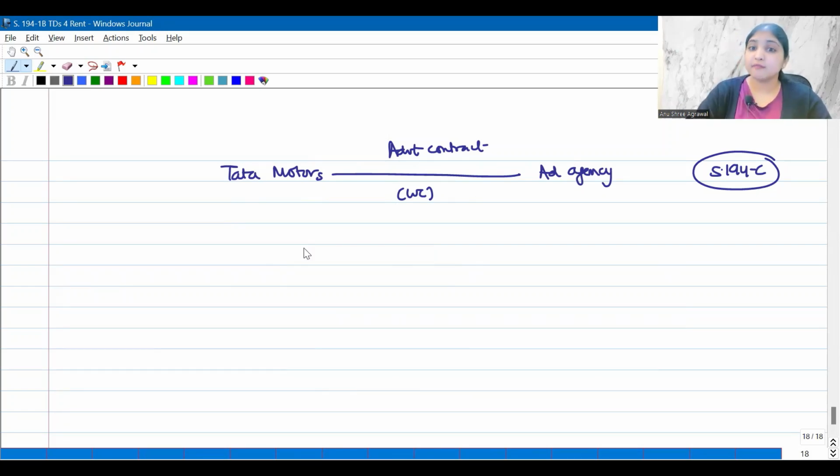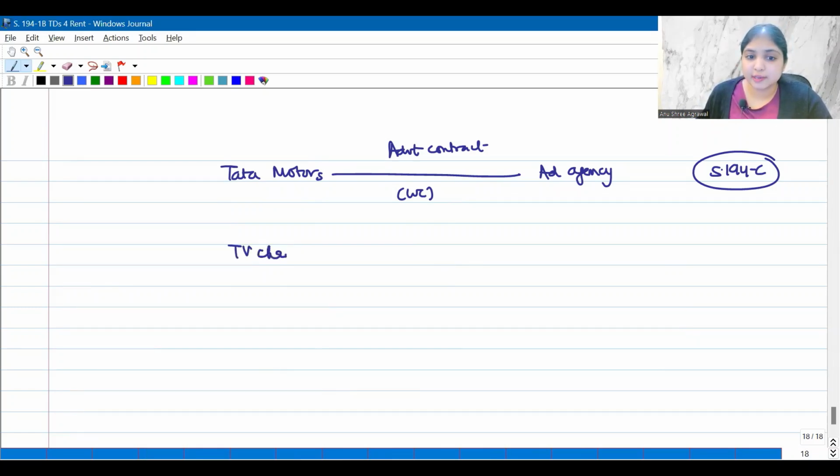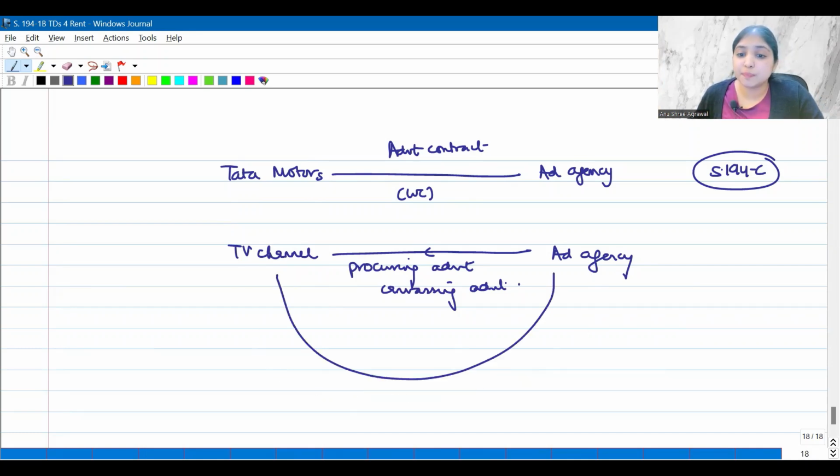Now listen, one more transaction is possible. Let's say we have a TV channel and we have an ad agency. This ad agency is procuring advertisements for this TV channel, or it is canvassing for advertisements for this TV channel. Basically, it is getting advertisements for the TV channel. Now, of course, the TV channel is going to pay some commission to the ad agency.